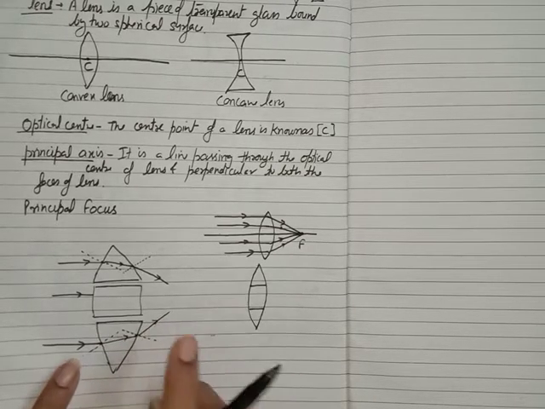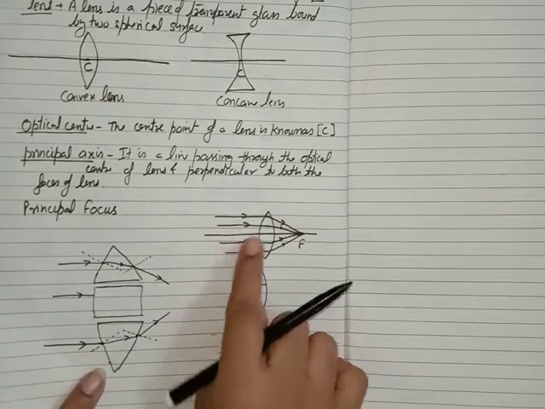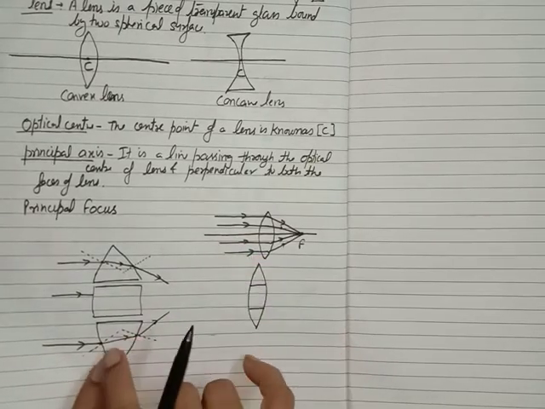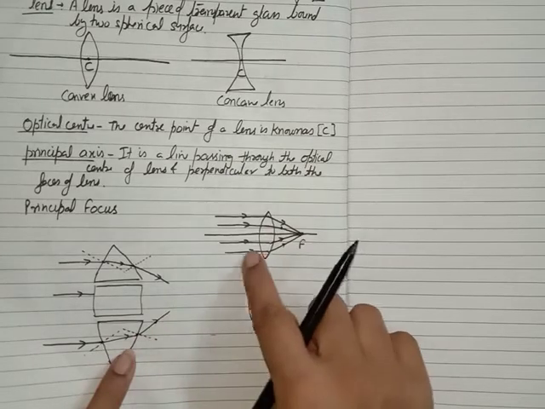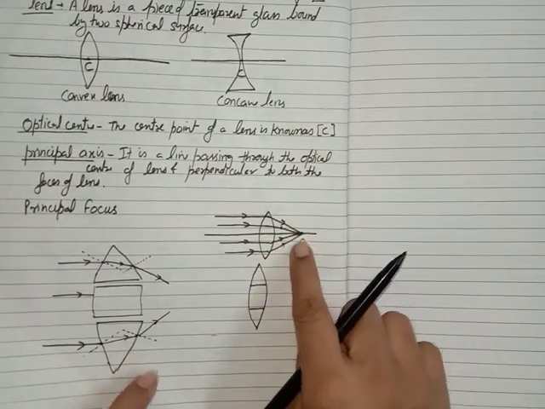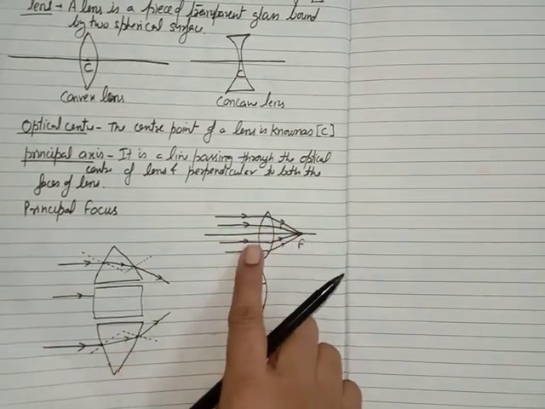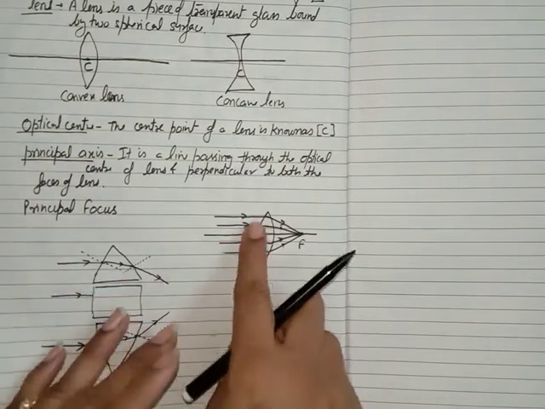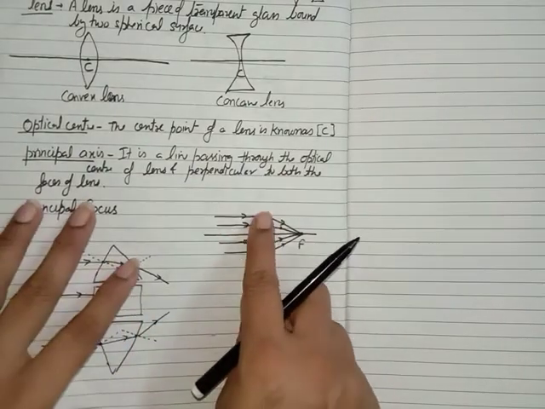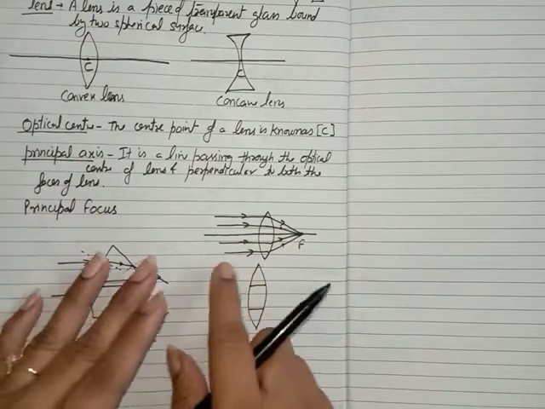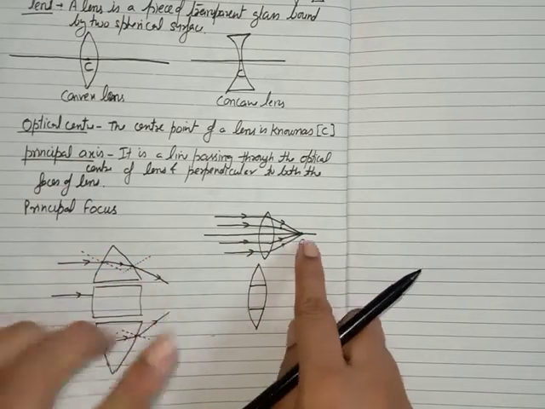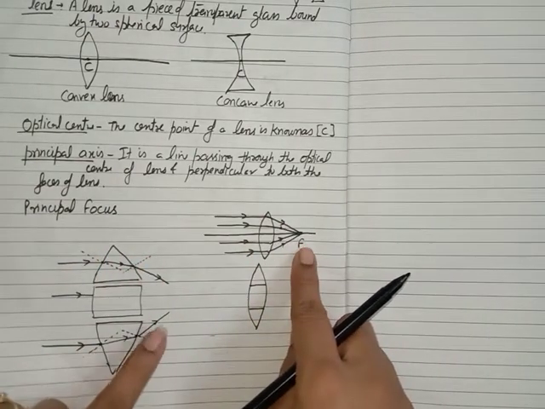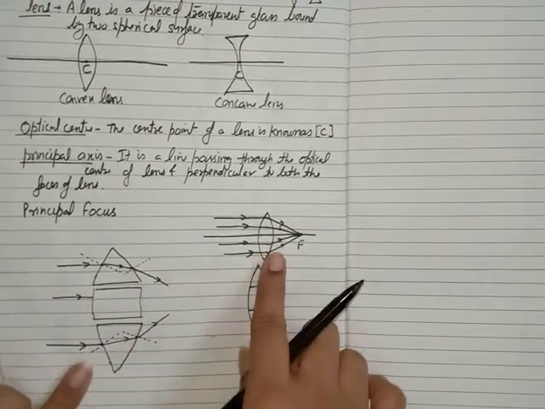So the light which is coming initially parallel to the principal axis is bent in this direction. That's why the light coming parallel to the principal axis, after refraction from this lens, meets at a particular point on the principal axis, and this point is called the principal focus. Okay, this is all about the convex lens.